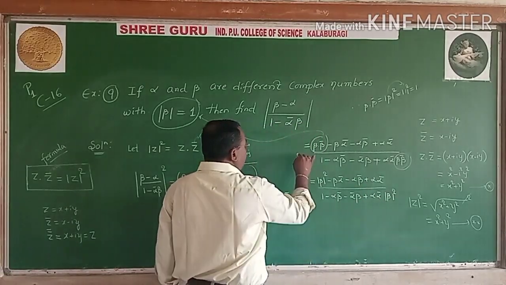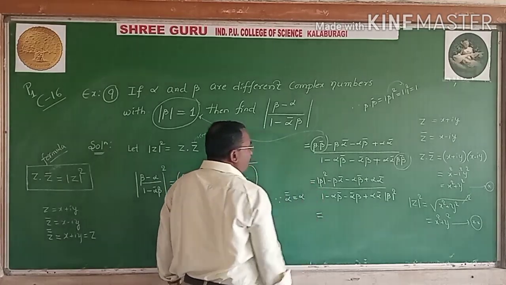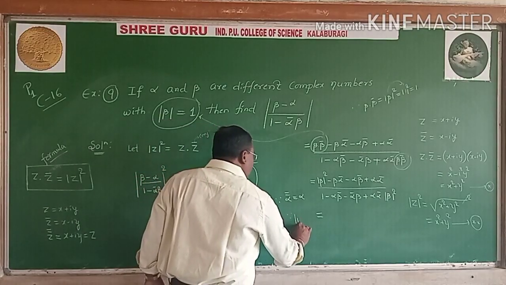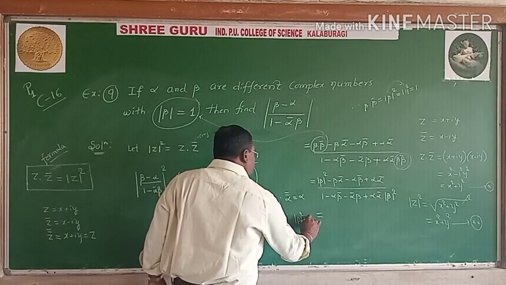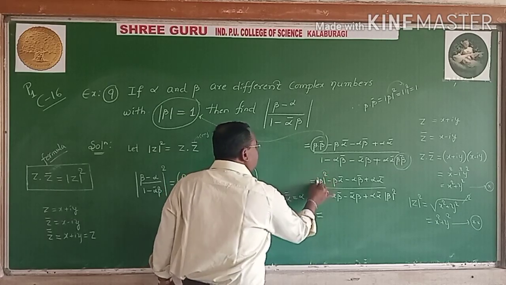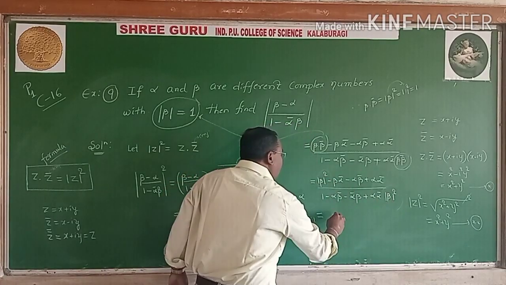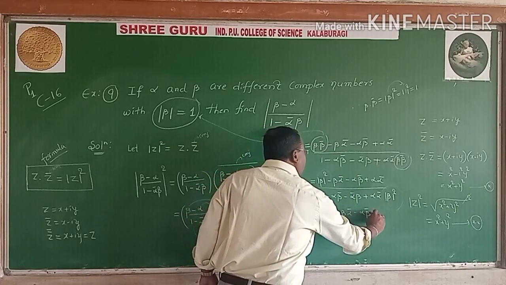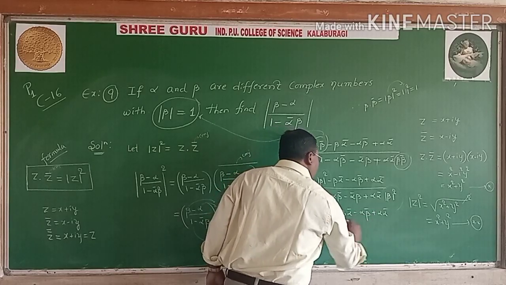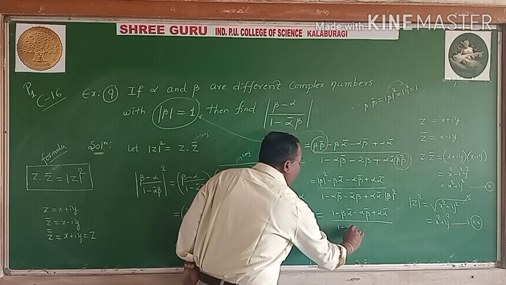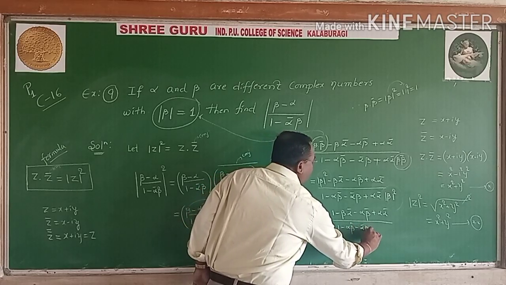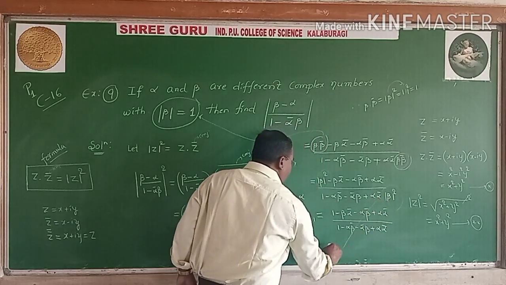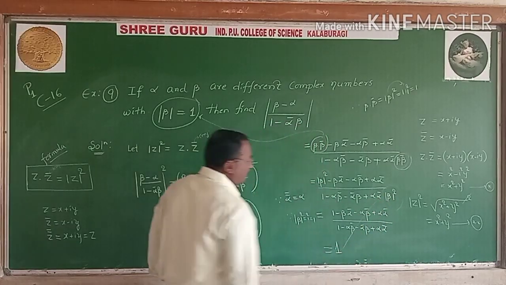Here modulus of beta is what? 1. 1 square is what? 1. Substitute: this place 1, this place 1. 1 minus beta alpha bar plus alpha bar divided by 1 minus alpha bar beta plus alpha bar. Both are the same, cancel, value is 1.